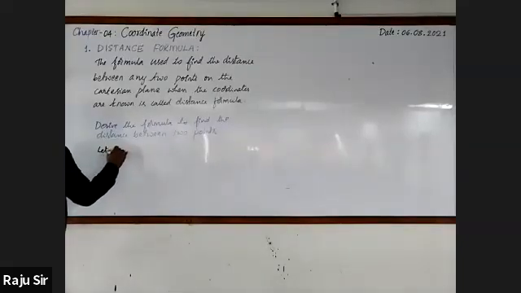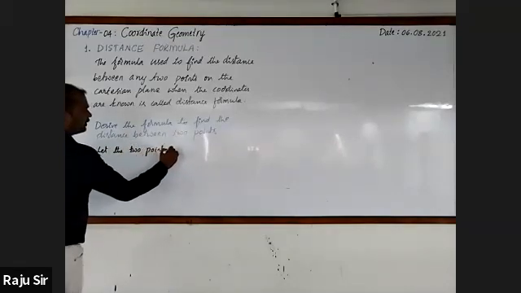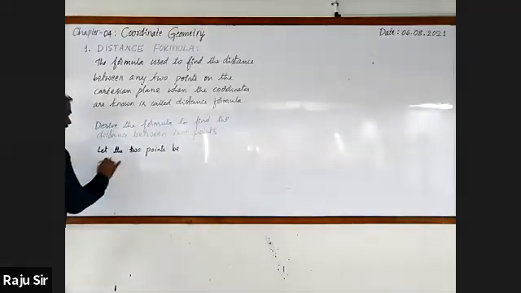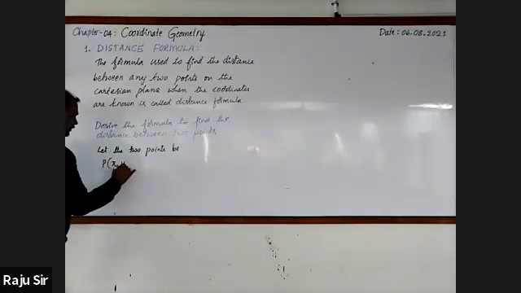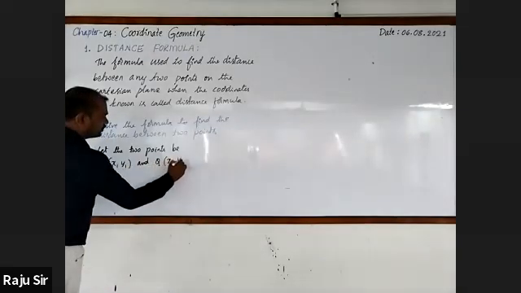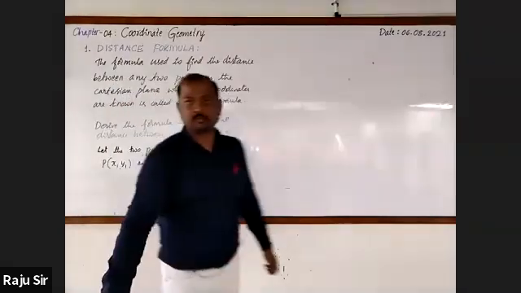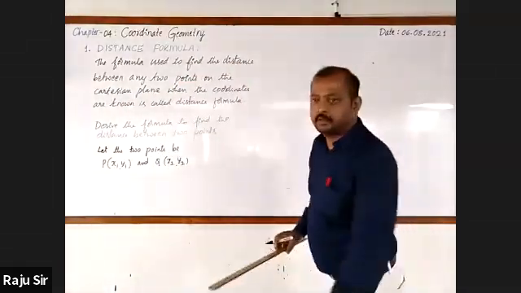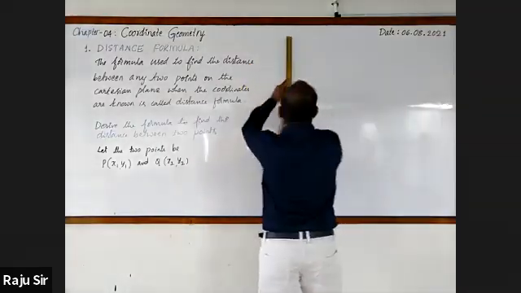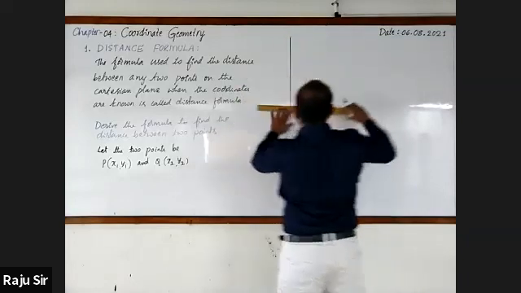Let the 2 points be P of x1, y1 and Q of x2, y2. Take a scale and pencil. Draw the x and y axes. First I am drawing the y axis, then the x axis.